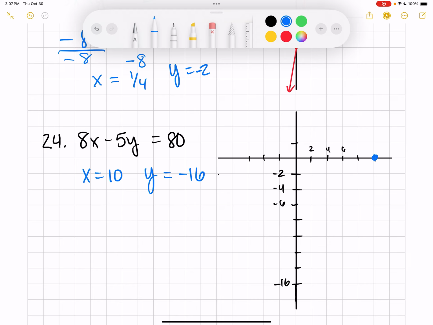On the y, I also counted by 2s, going down to negative 16. Make sure I counted right: 8, 10, 12, 14, 16. And then connect the dots. My graph doesn't have to be excessively large because I just chose to count by a different set of numbers. So if you count by something other than 1s, you've got to make sure you label it.